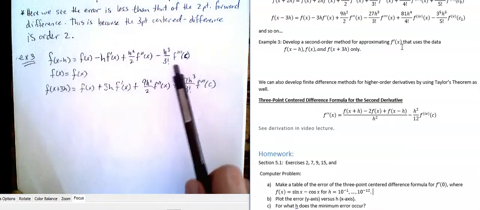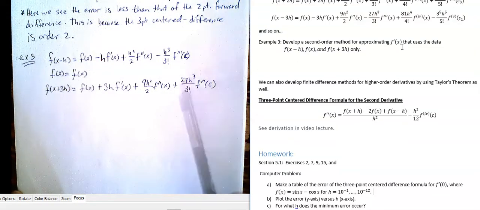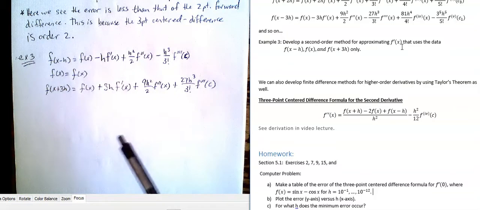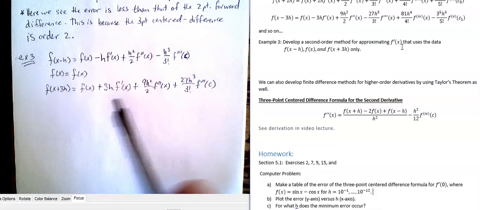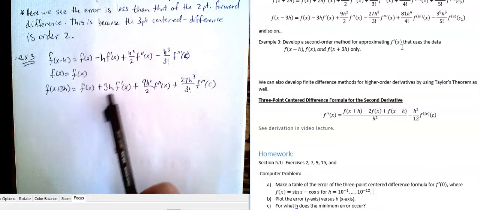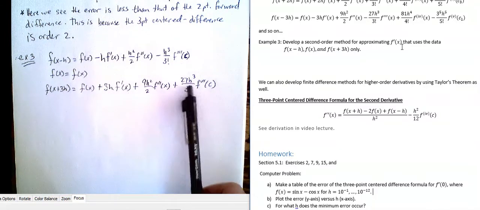Normally, because the directions say develop a second order method, we know for f prime, if we want a second order method, remember that the error term will have an h squared in it, right? So if we're going to solve for f prime, we know we're going to have to divide by h at some point, which means that it would be a good idea to go out to 3 terms, because if we divide this term by an h, we'll get an h squared, right?